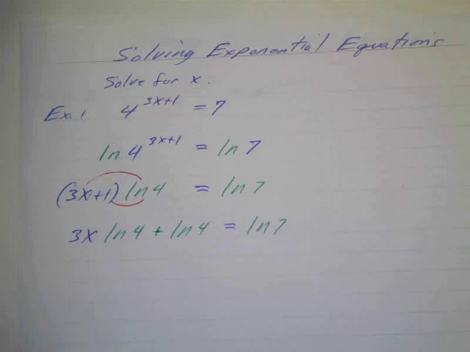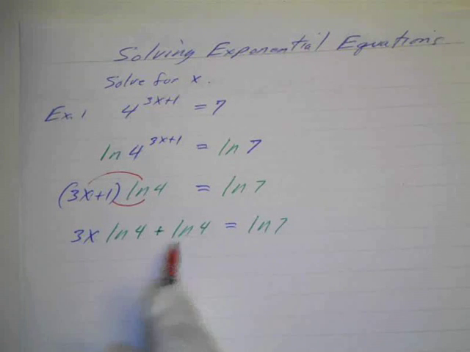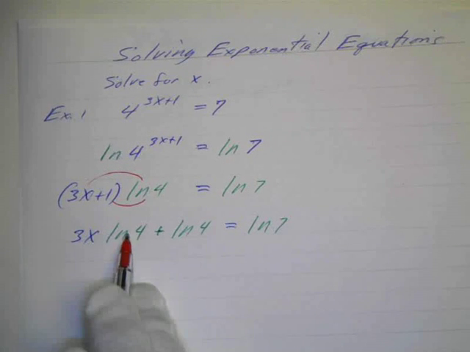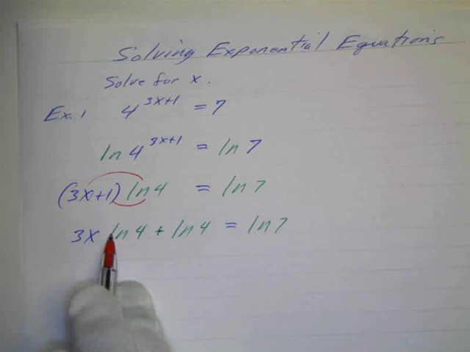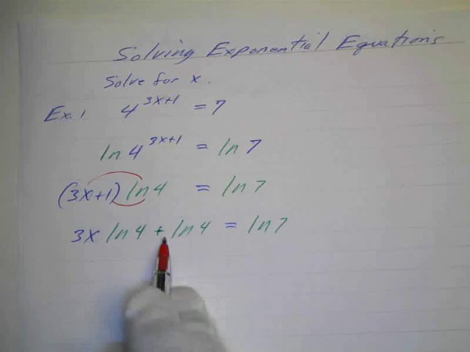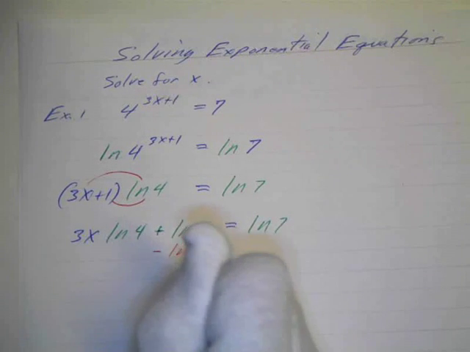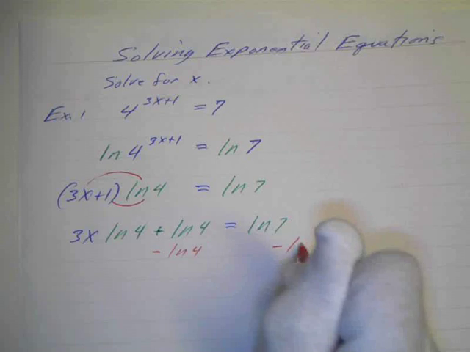Okay, so we're getting closer. We want to solve for x, so we want to isolate the x. The 3 and the natural log of 4 are like coefficients of x, and this is like an additional term, so we usually subtract first. So I'll subtract the natural log of 4 from both sides.